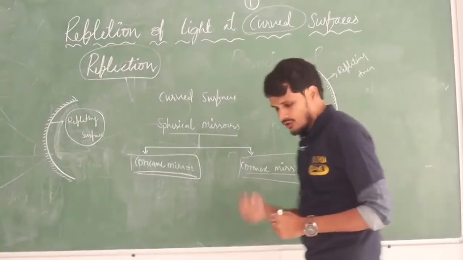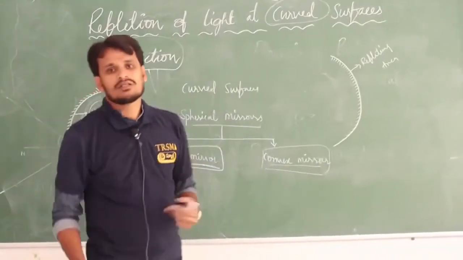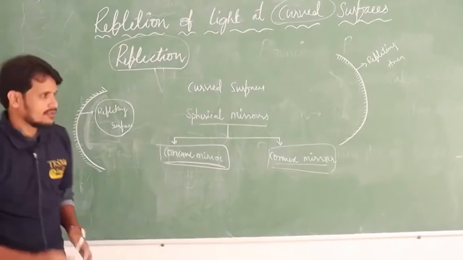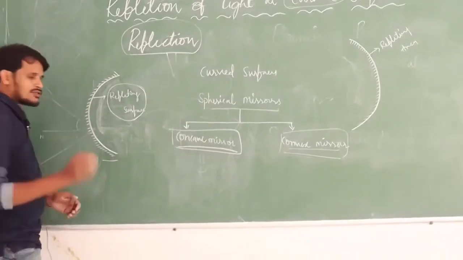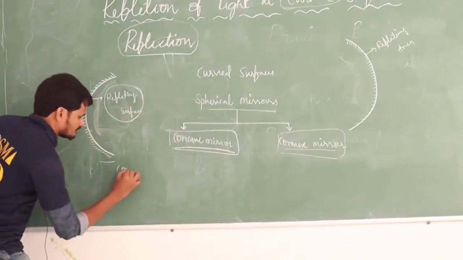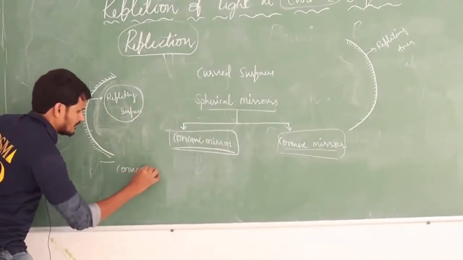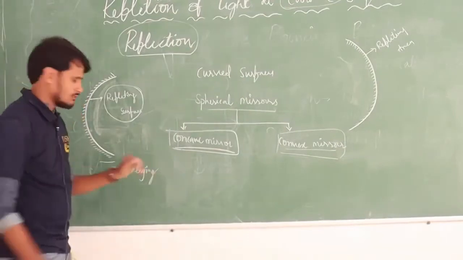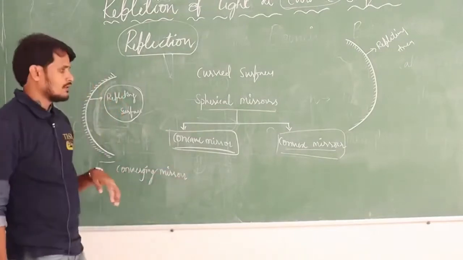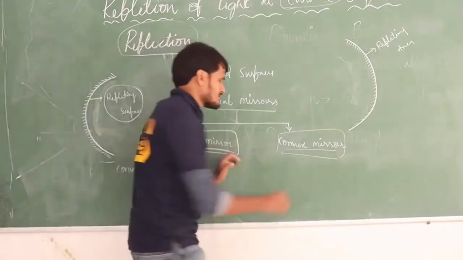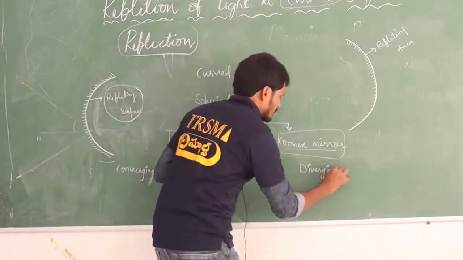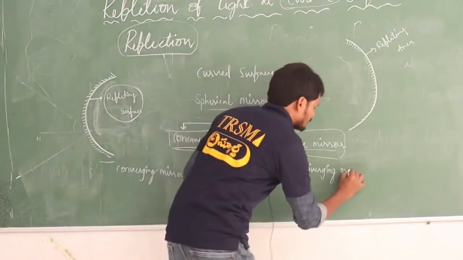Let me give you one more example for understanding better. Before that, these two mirrors are also called: the concave mirror is also called a converging mirror, and the convex mirror is a diverging mirror.